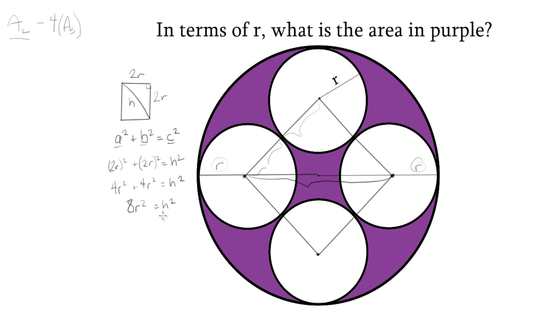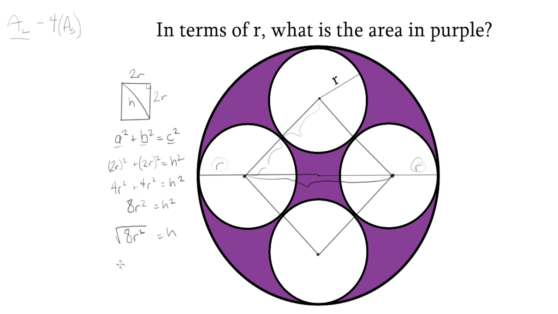Now to find h, we simply take the square root of both sides. So we have the square root of 8r squared equals h. Now the r will come out evenly because I have a square here, and the square root will undo that square. But 8, unfortunately, is not a perfect square, but it does contain a perfect square of 4.